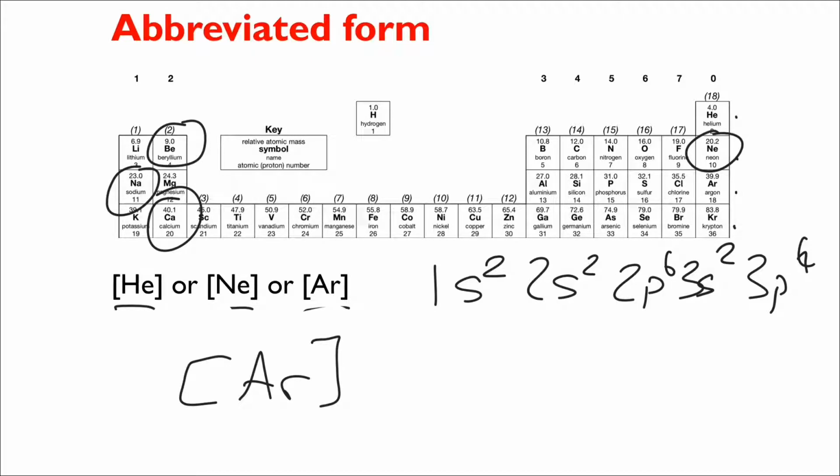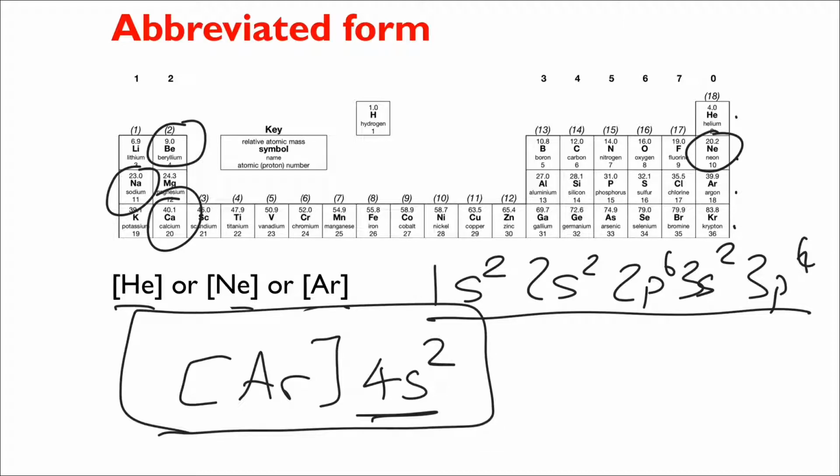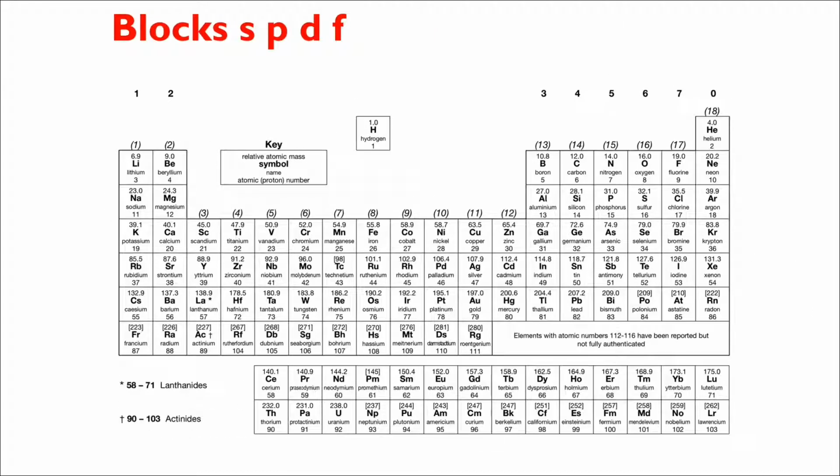Then we don't need to write all of this out, we just need to go with the next subshell, which is the 4s subshell, so it's 4s2. Remember, the 4s fills before the 3d. So that's the abbreviated form for calcium. Okay? So, blocks S, P, D and F.